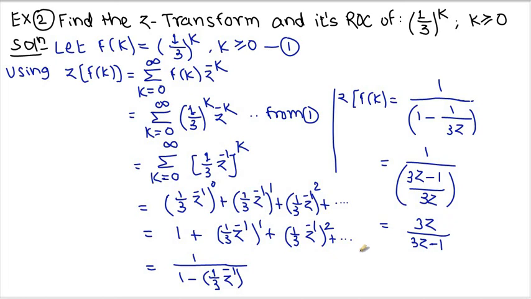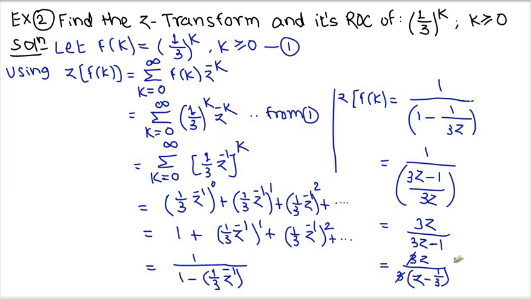Or you may take z as common, so this is equal to 3z divided by, while taking 3 common from the denominator, inside the bracket the first term will be z, but 3 cannot be common from the second term of the denominator, so you have to divide that term by 3, and this 3 now multiplied and divided again cancels.